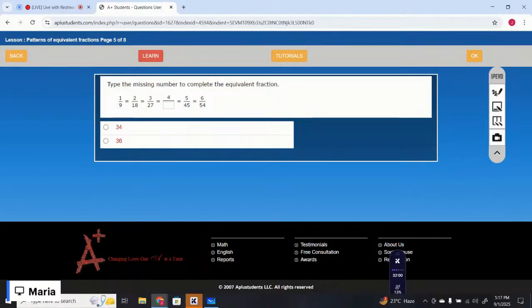Type the missing number to complete the equivalent fraction. So that is 9, 18, 27, 36.